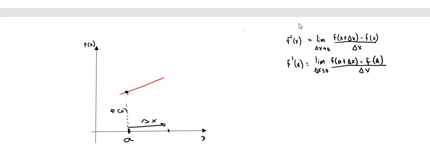For the sake of this, I'm zoomed in so far that this change in x appears to be relatively big. So we're going to change x by delta x. So where x was measured at a, we're now going to increase it by delta x. So then we're going to output a quantity called f of a plus delta x.